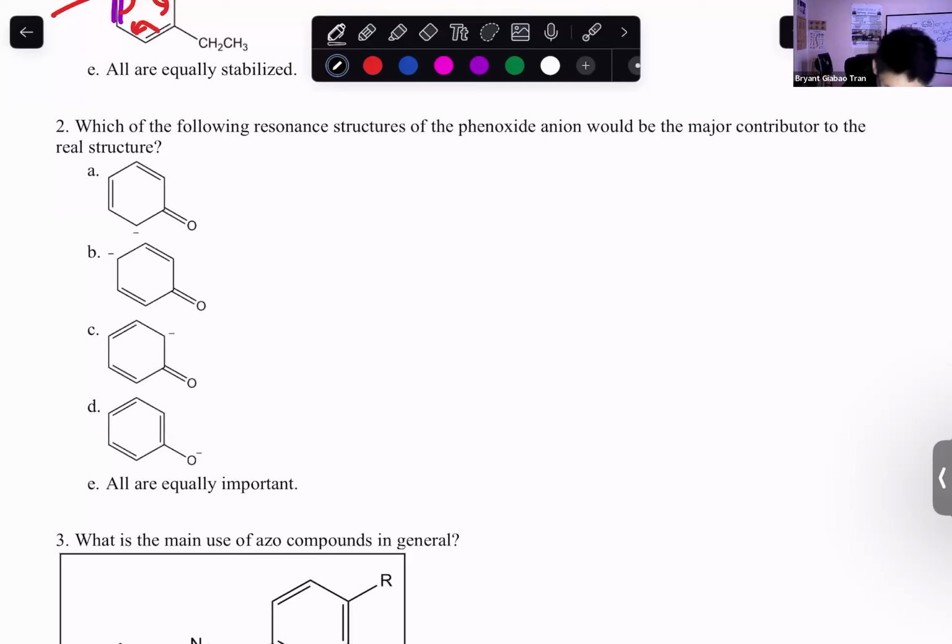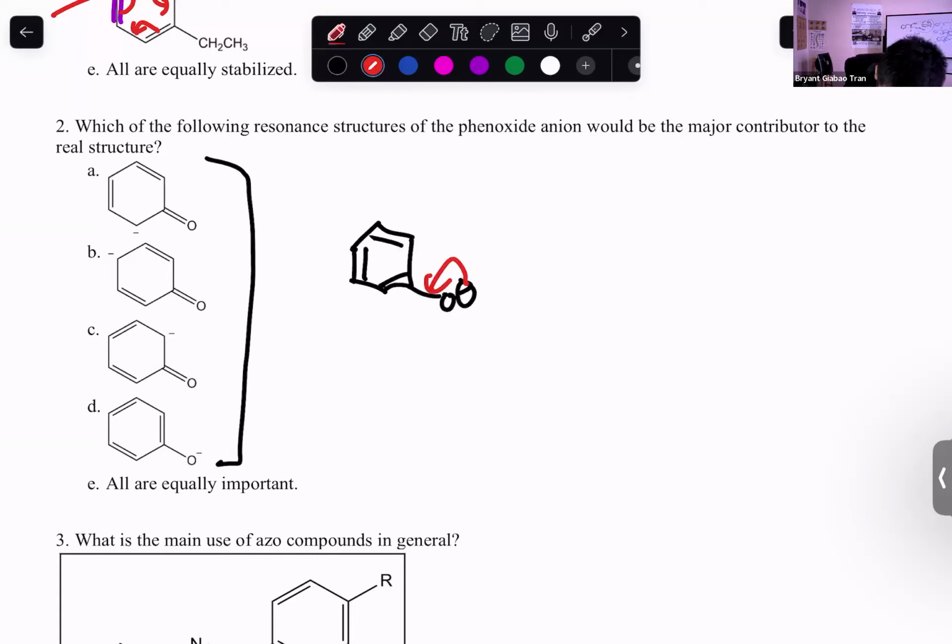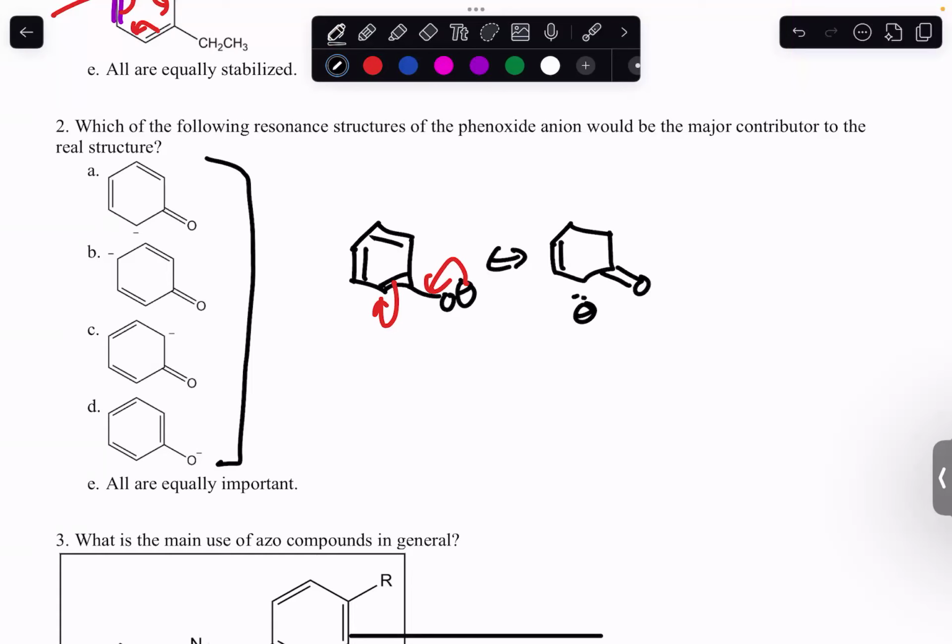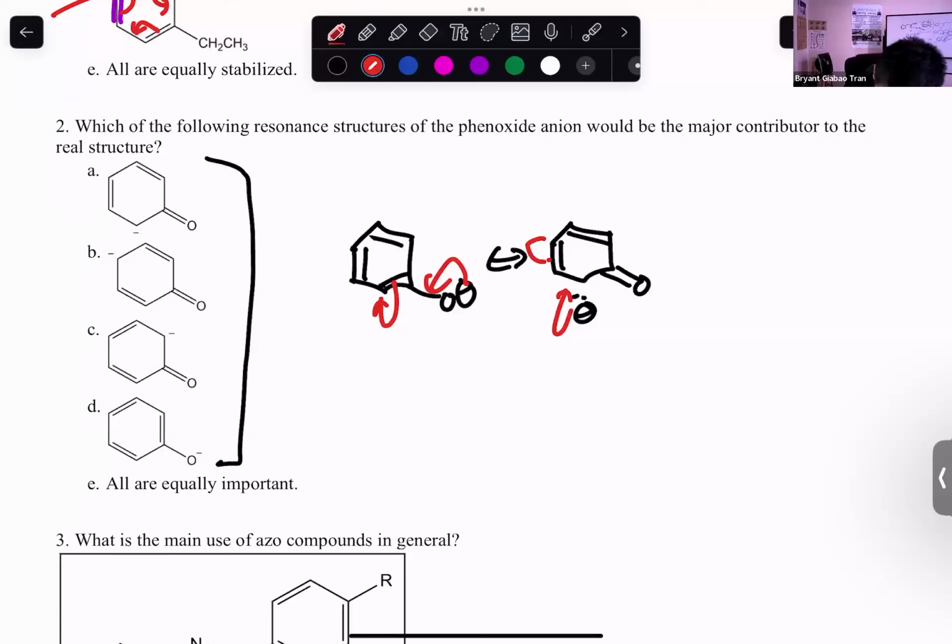Yeah, so all of these here are resonance structures of each other, of this right here. They're just giving all of the resonance structures of this structure. Right, the whole thing. Yep, and they just keep going on to give all the resonance structures of this structure here. And they're asking you which one is the major resonance structure.